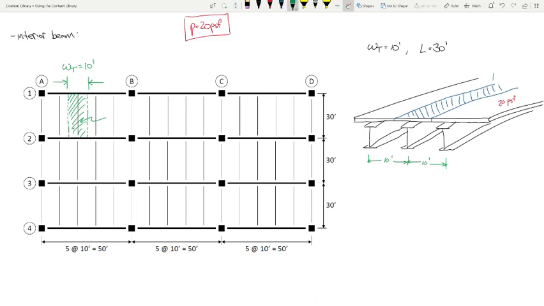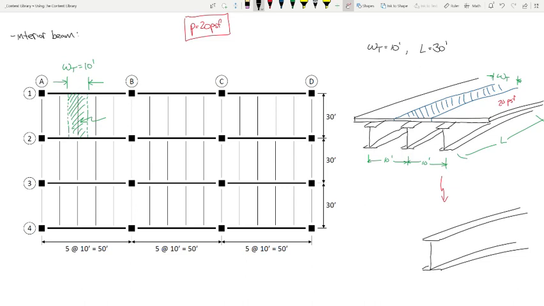So this is the tributary width. And in this case, this is the span length, okay? Now, what I ultimately want to do is turn this into just looking at a beam. I just want to look at a single beam, okay?